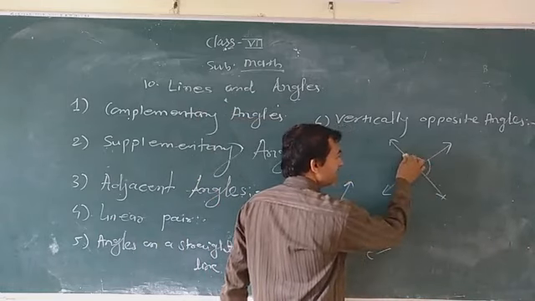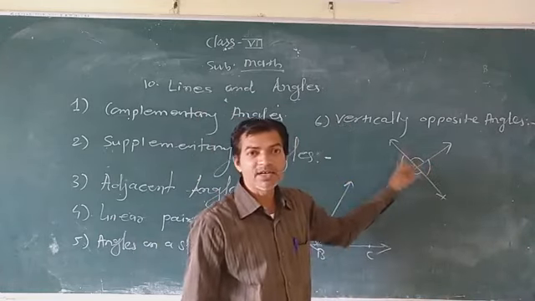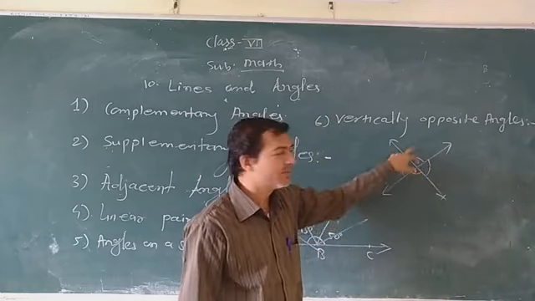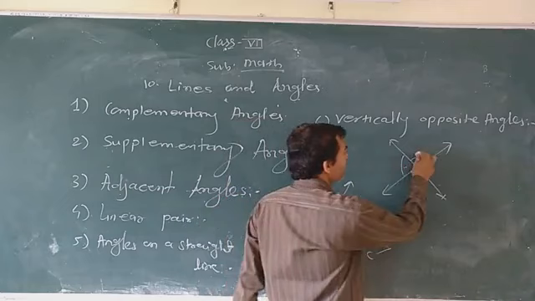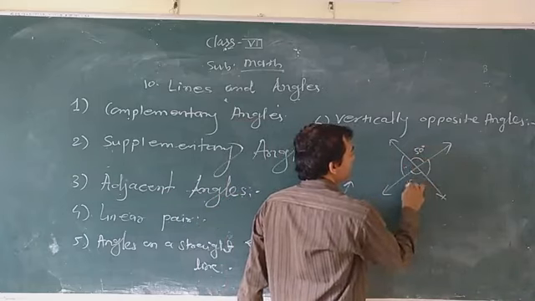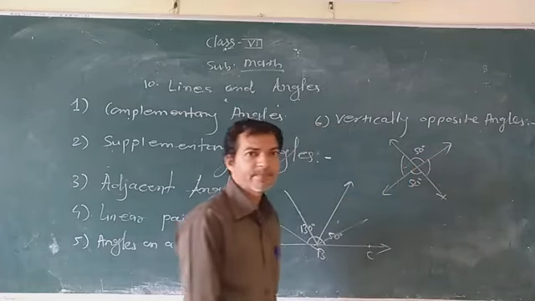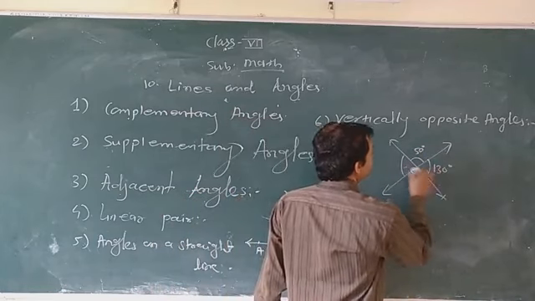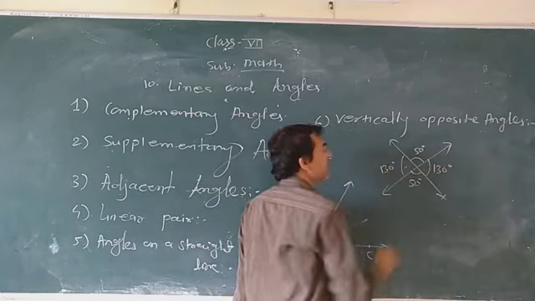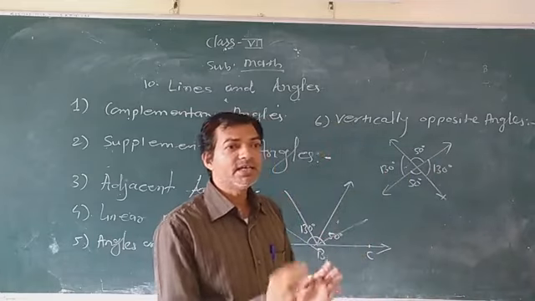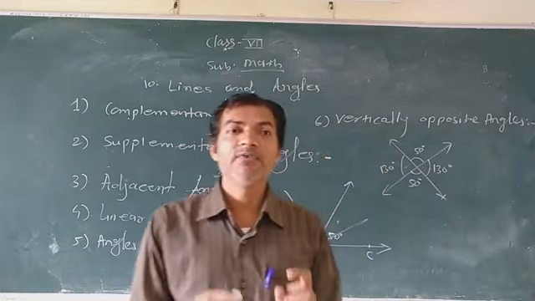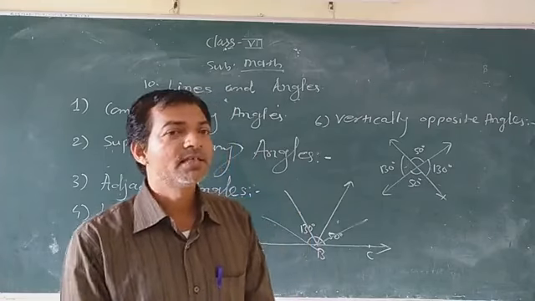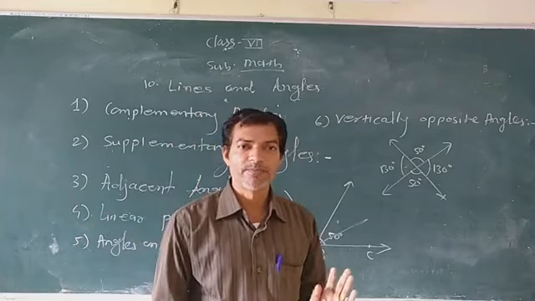Can we say like this? इन दोनों का भी मेजरमेंट सेम होता है. सपोज इसका मेजरमेंट 50 डिग्री है, सो दिस इज आल्सो 50 डिग्री. ओके. सपोज दिस इज 130 डिग्री, तो ये भी 130 डिग्री होता है. सो वर्टिकली अपोजिट एंगल्स आर ऑलवेज इक्वल मेजर्स. व्हेन टू लाइंस क्रॉस ईच अदर, देन वर्टिकली अपोजिट एंगल्स फॉर्म.